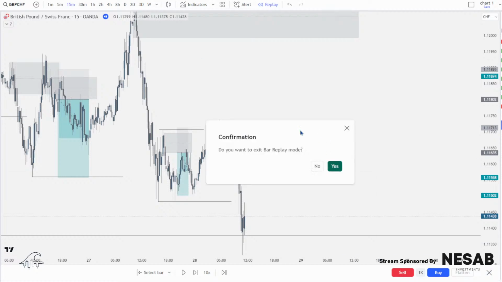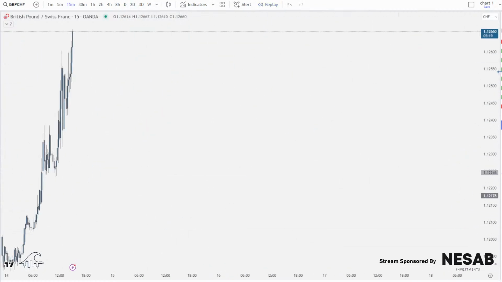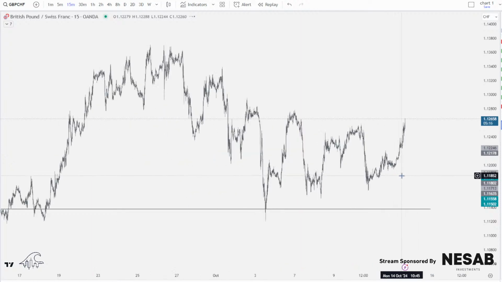Let's go to the actual current time frame and see where we are. Oh, look at all that liquidity. That's disgusting.